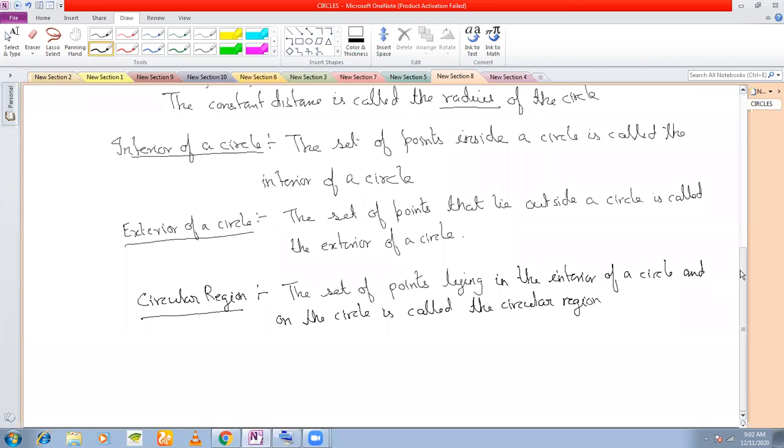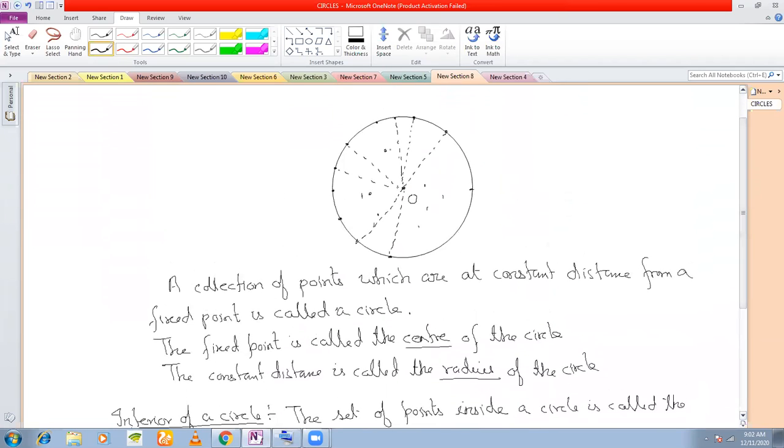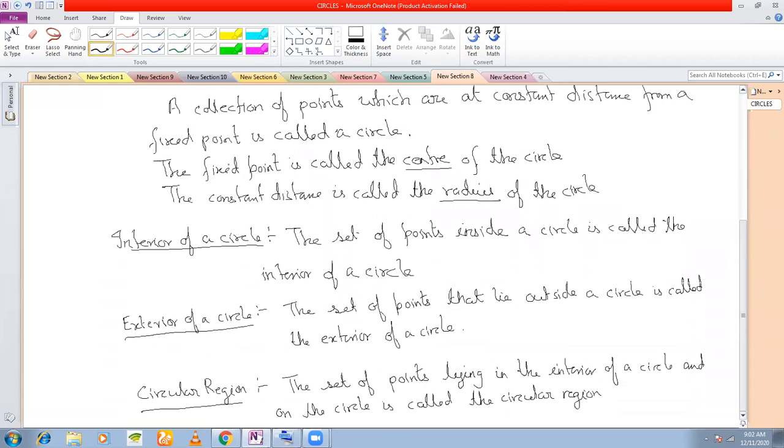Now, what do you mean by circular region? All the points that are inside the circle, and all the points that are on the circle, all these points are called the circular region.